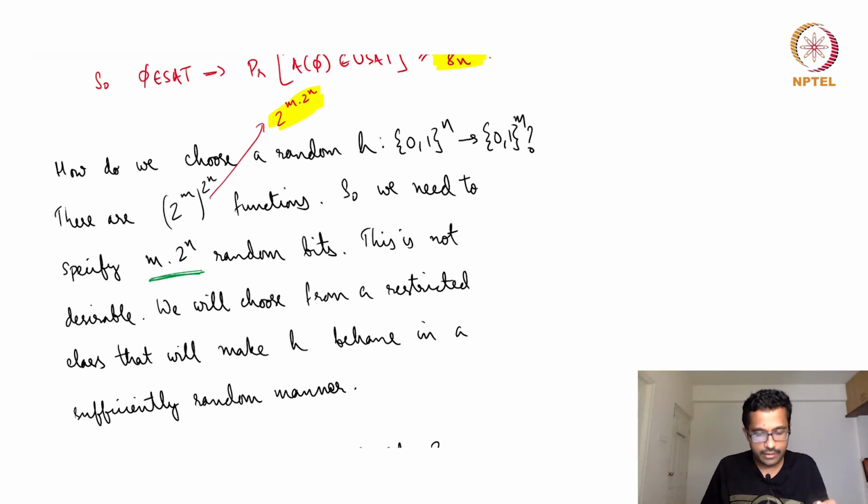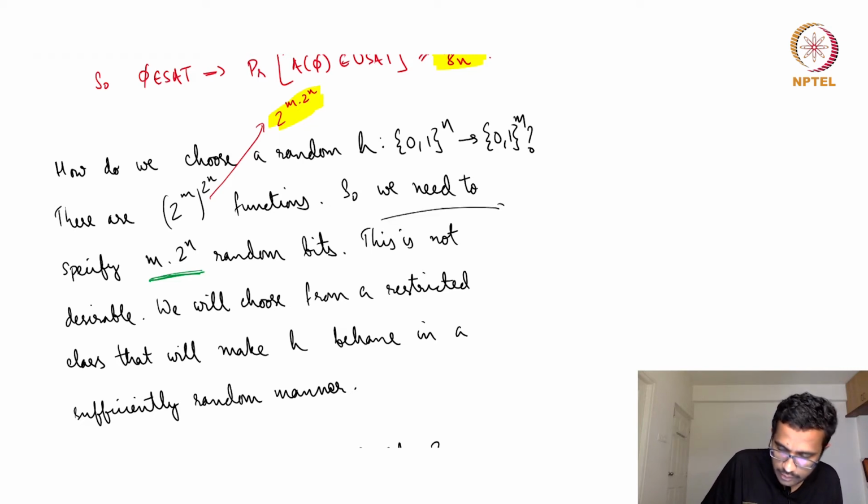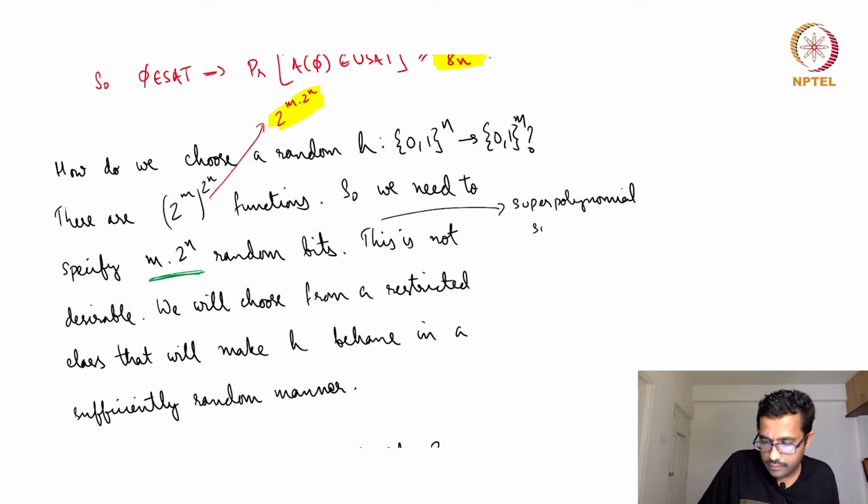Even if each random bit is generated in one time step, this itself is more than polynomial. This is not desirable because this is super polynomial size. Super polynomial means something that is bigger than polynomial.